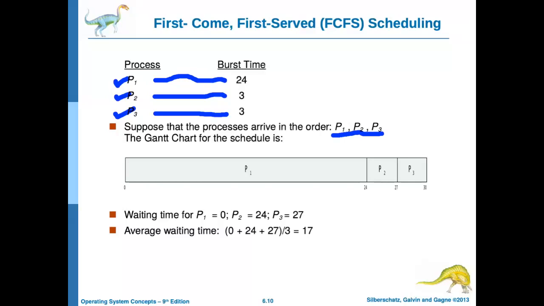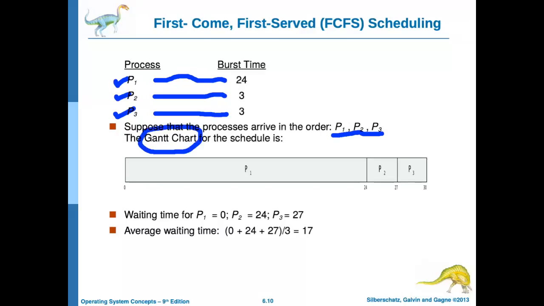Now the execution of this is typically shown by this Gantt chart. This is the most important thing that is required for all scheduling algorithms. Given the criteria and the information about different processes, you should be able to draw the Gantt chart of the schedule.